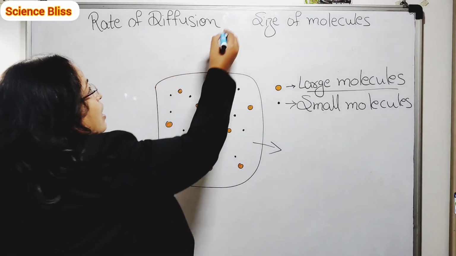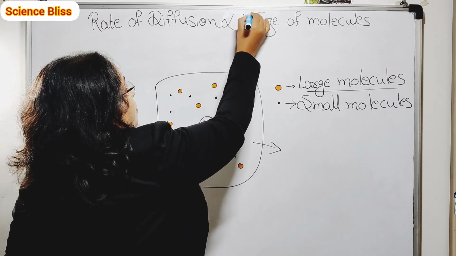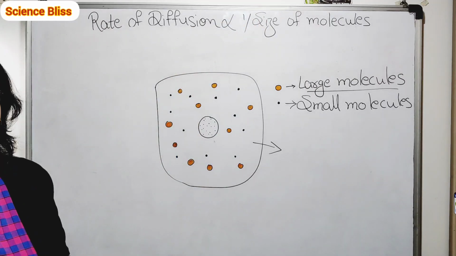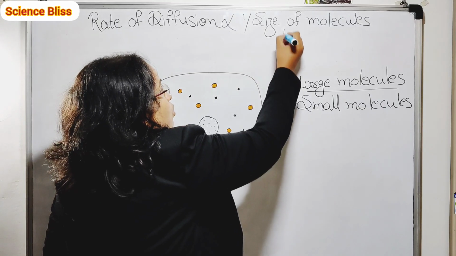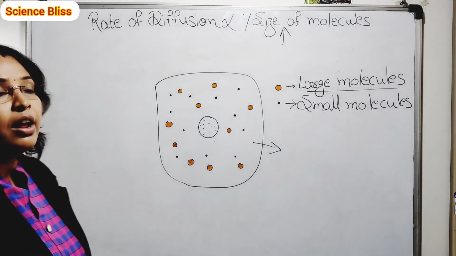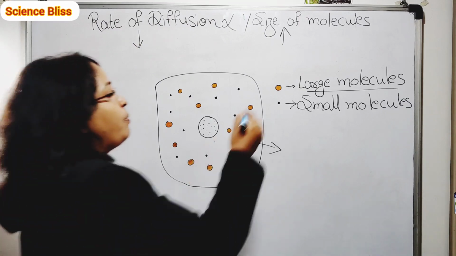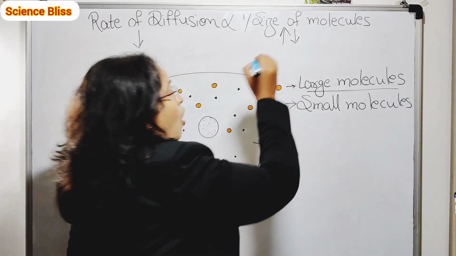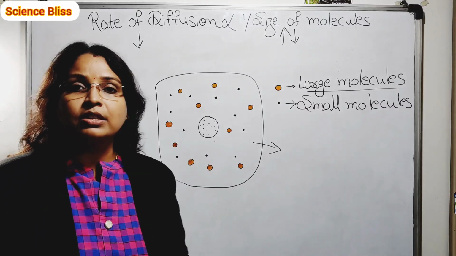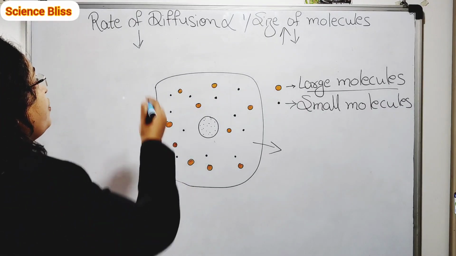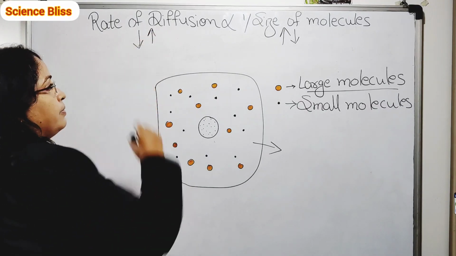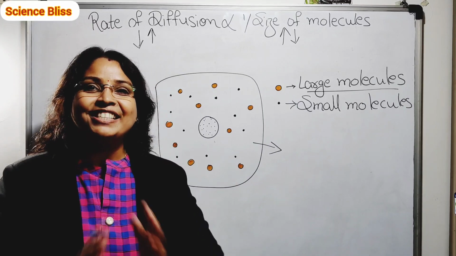So there is an inverse relationship with the rate of diffusion. If the size of a molecule is larger, the rate of diffusion will be slower. Whereas if the size of the molecule is small, the rate of diffusion will be higher. Stay tuned for more videos. Thank you.